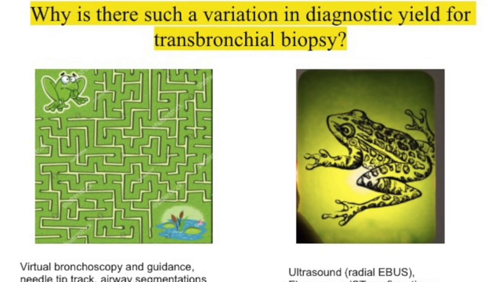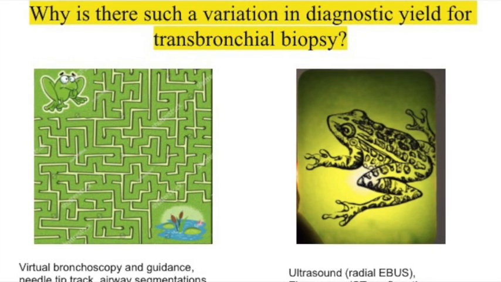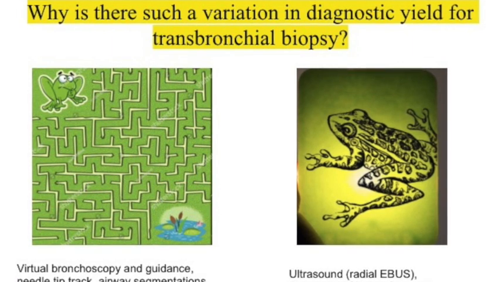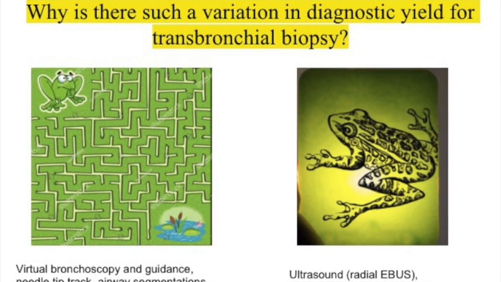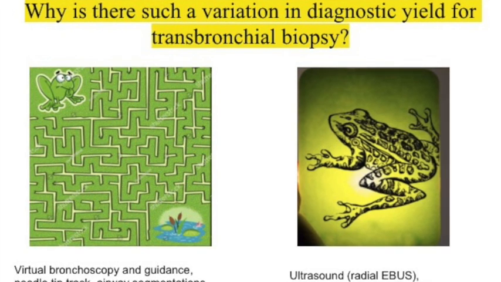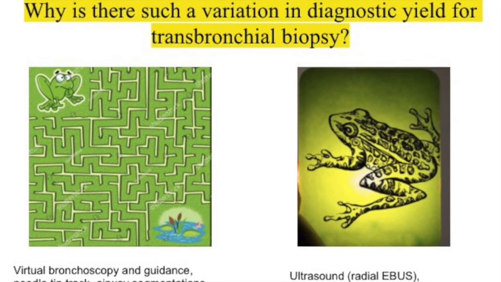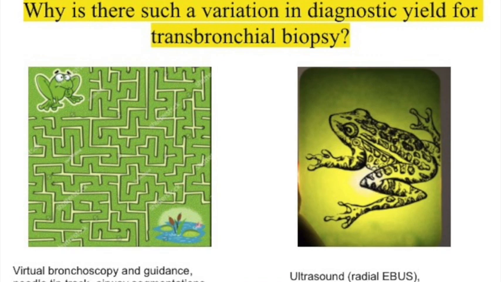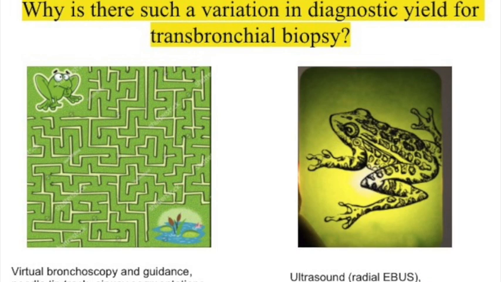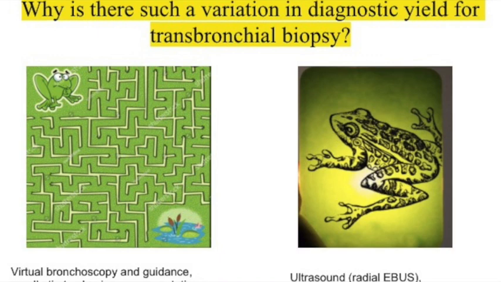And once we think that we get there, we get to the frog, how can we determine that this is the nodule that we have to biopsy? So there comes technology such as radial EBUS to confirm the nodule, as well as CT cone beam to confirm that the needle is in the nodule. So there is a lot of technology involved.